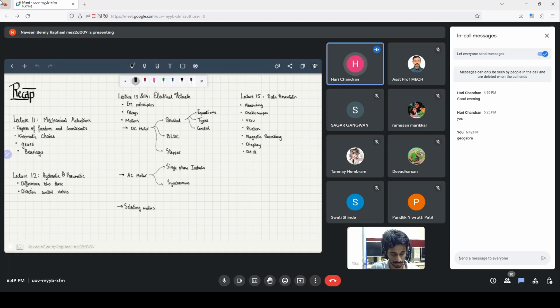One clarification required. When we are giving the answer sheet, the assignment answer, suppose there is an answer like a numerical number like 2, 3, 4.